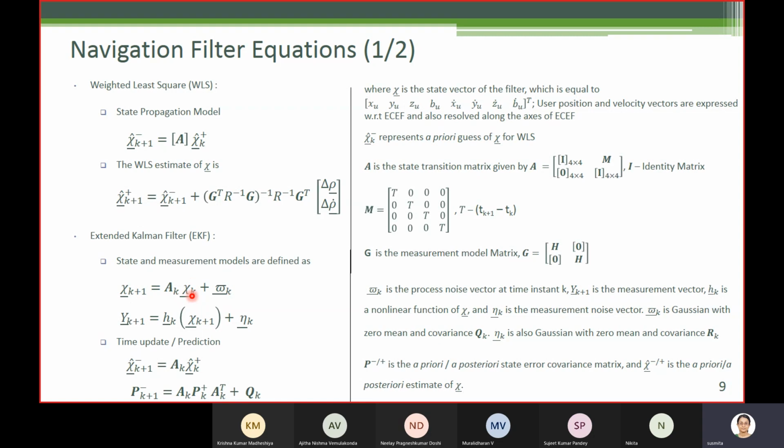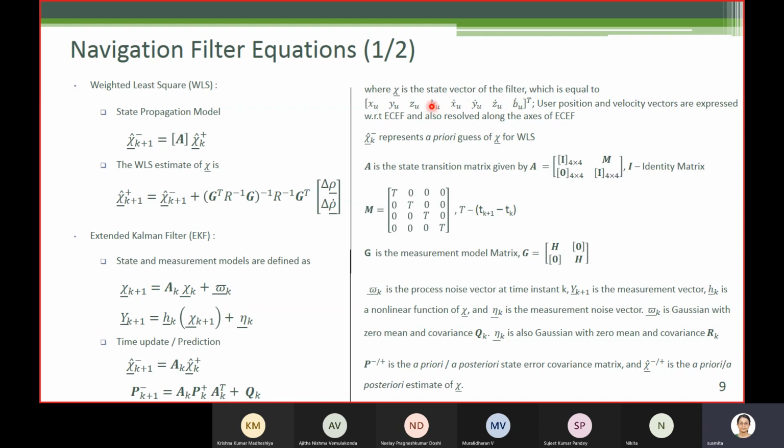Italicize X. This is the state vector. What does it contain? It is the X coordinate of the user, Y coordinate, Z coordinate of the user in ECF. In this form, we assume ECF user position, receiver clock error, user velocity, XU dot, YU dot, ZU dot, the XYZ components of the user velocity, then clock drift, the time derivative of BU.